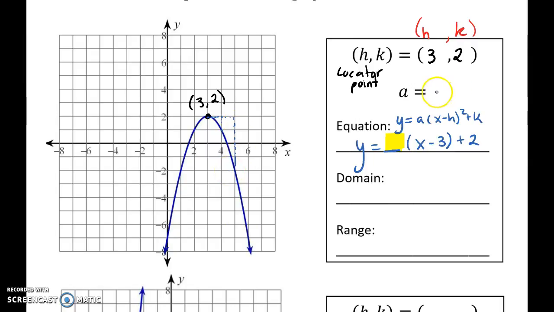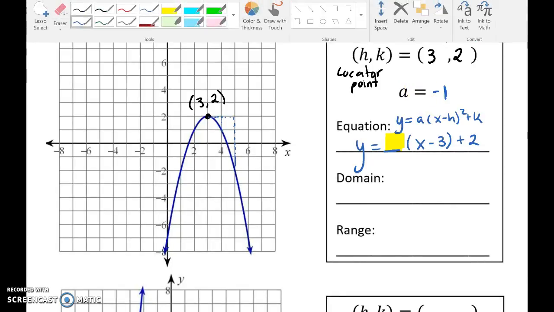So we could just use the function to tell us that the vertical stretch is -1.